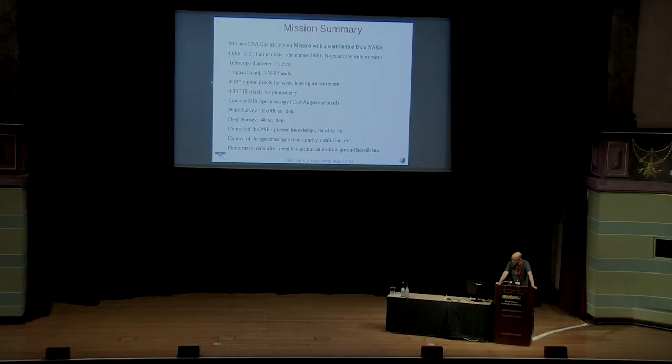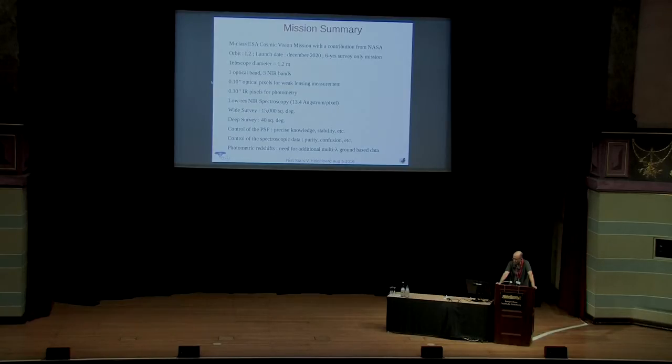Telescope diameter is 1.2 meters. There will be 1 optical band and 3 bands in the near infrared. Pixel scale is 0.1 arcsecond for weak lensing measurements and 0.3 arcsecond in the near infrared. It will provide low resolution spectroscopy in the near infrared with a dispersion of 13 angstroms per pixel.